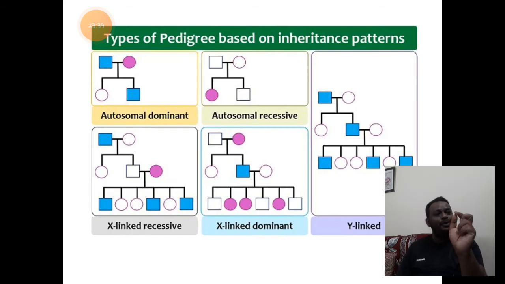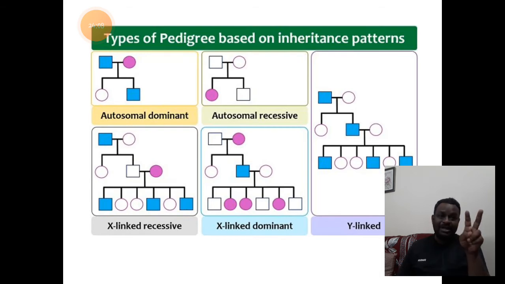Here when you look at the symbols, right towards the top of the left extreme, the first one, we have affected parents giving birth to a normal child. In autosomal dominant, both the parents are affected.